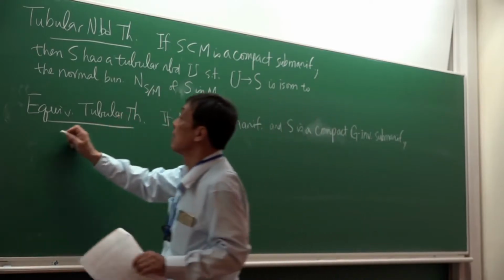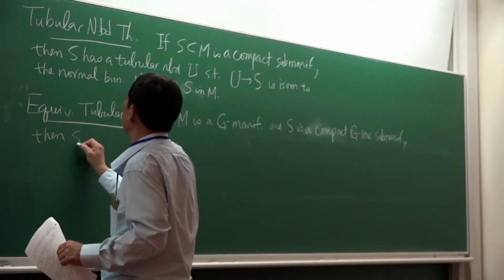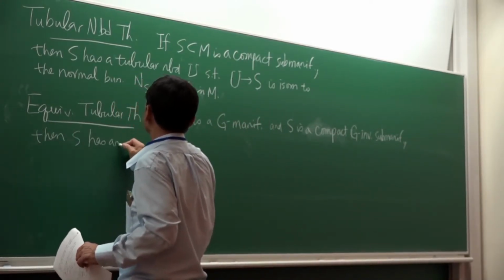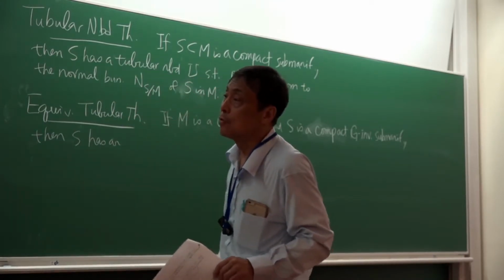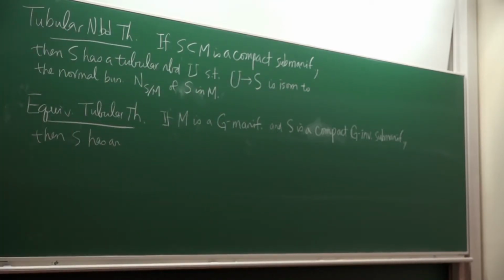then S has an equivariant tubular neighborhood. Well, I need to define an equivariant tubular neighborhood.